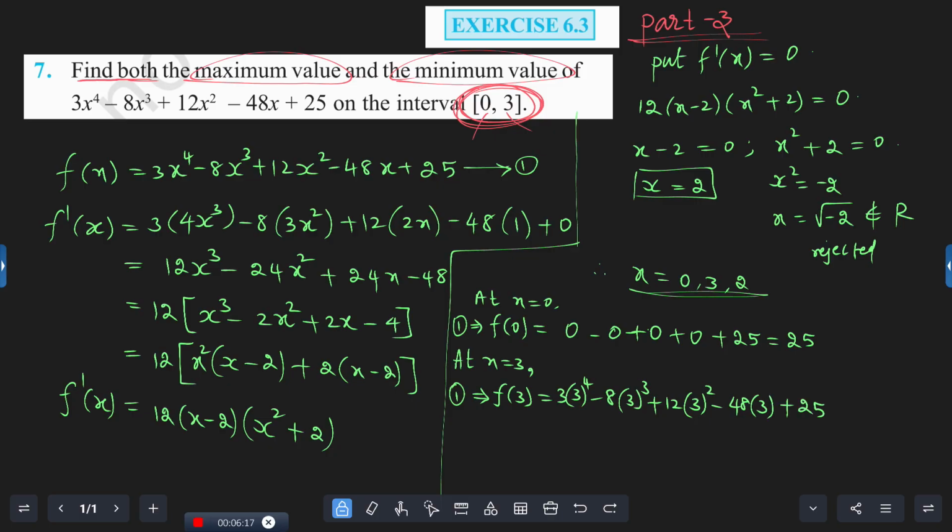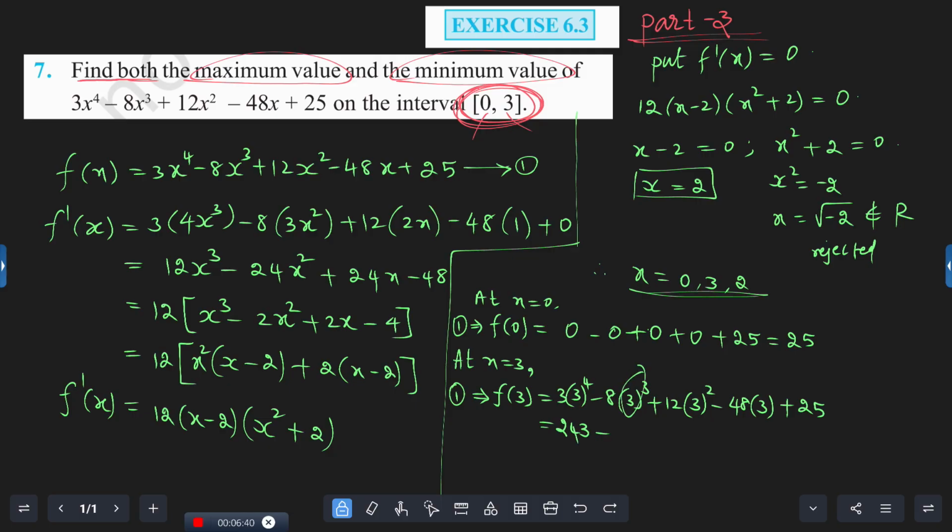So 3 into 3 power 4 means what? 81. 3 into 81, 1 3s are 3, 8 3s are 24, 243 you will be getting.